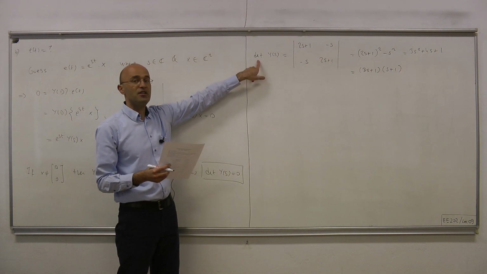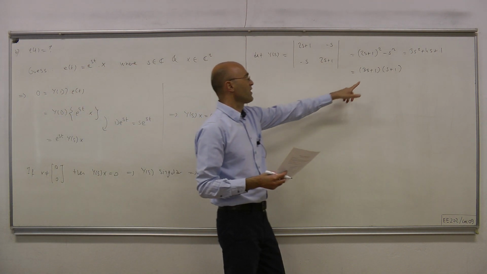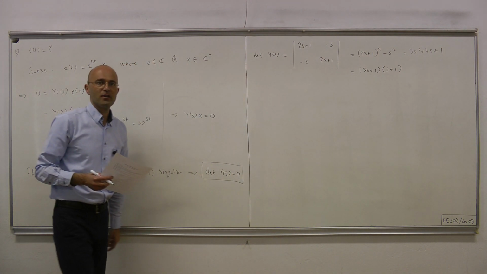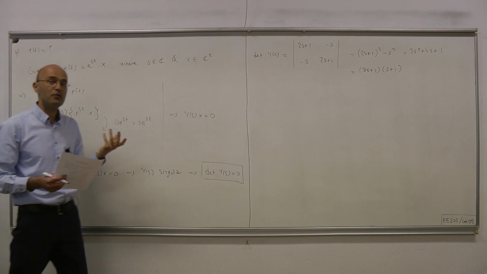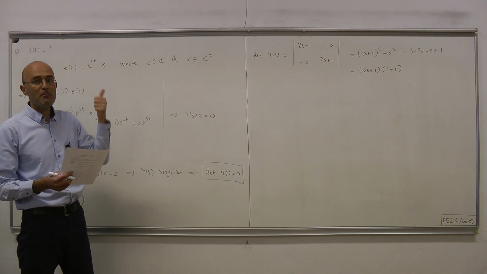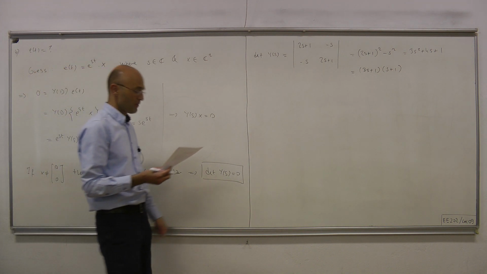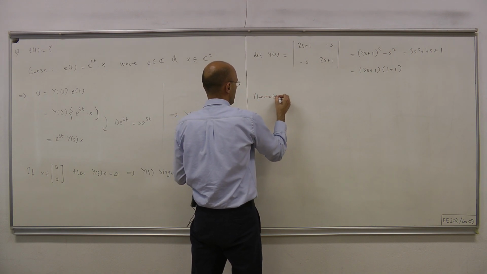Therefore, this determinant equals 0 only for s equals minus 1/3 and s equals minus 1. So if this guess is correct, then s cannot be an arbitrary scalar. It can either be minus 1/3 or minus 1, which is a very nice piece of information regarding our guess.